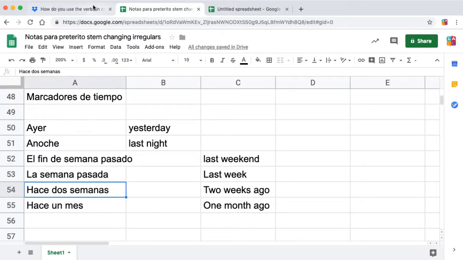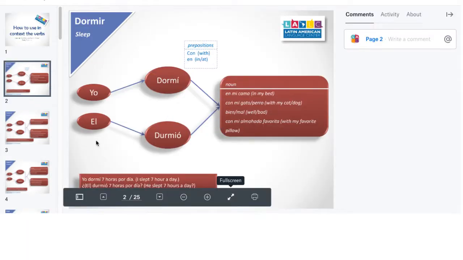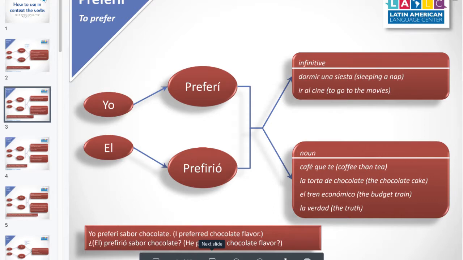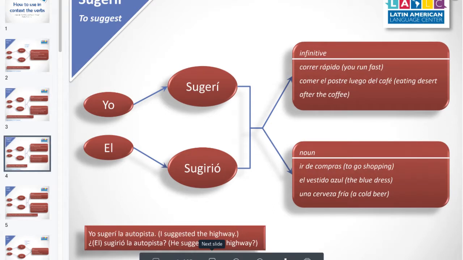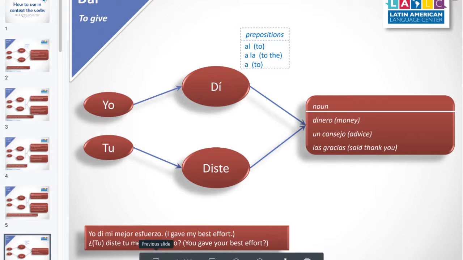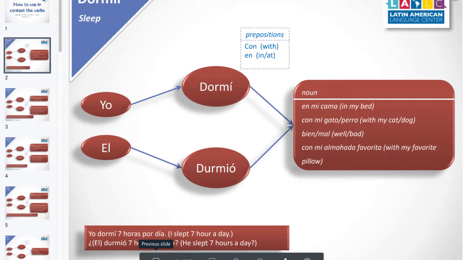So being said that, we come back here and I want you to practice with the most common verbs that I showed you. You remember, it was dormir, preferir, sugerir, pedir, dar. I didn't put elegir so much, but for now focus on these, for example, yo dormí en mi cama ayer.